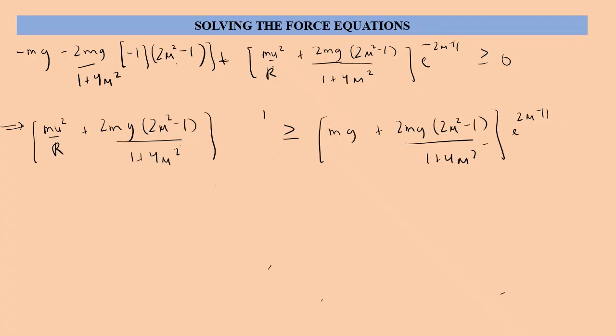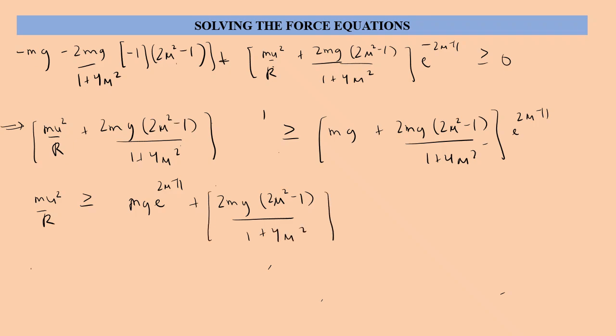And then if I take this term on the other side, I get u² upon r is greater than or equal to mg times e to the power 2μπ plus 2mg (2μ² minus 1) over 1 plus 4μ², factored out e to the power 2μπ minus 1.